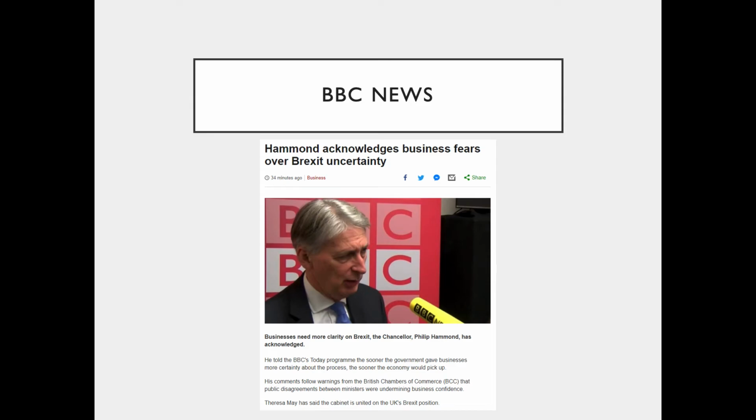The Observer, which is the Guardian at the weekend, comes out on a Sunday. That's printed on large format paper, but the Guardian and the Times have gone to a smaller size, a tabloid size, and that's what the more popular press used to be called.